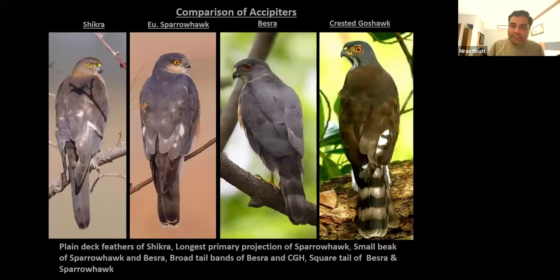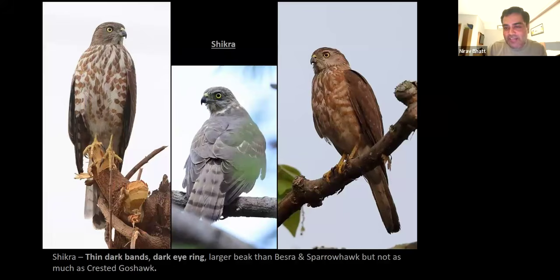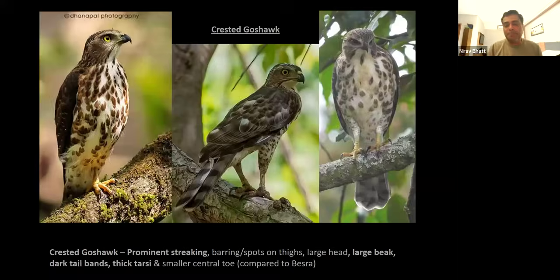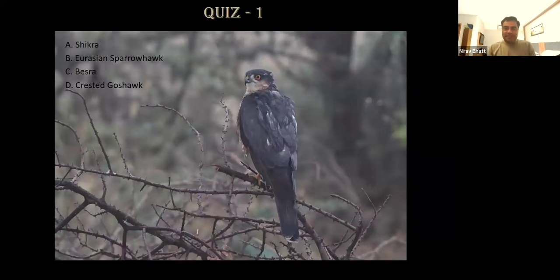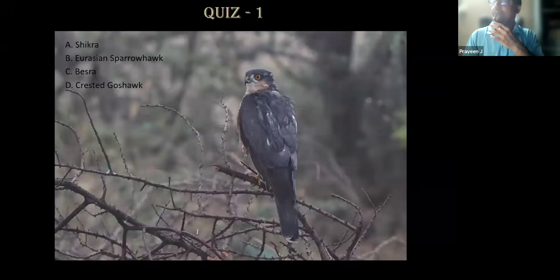So we'll see some more raptors in perched position and try to identify them now. Okay, Ankita, you can start the poll. Is it a Shikra, Sparrowhawk, Besra, or Crested Goshawk? The poll will come on the screen and you have to click on it.